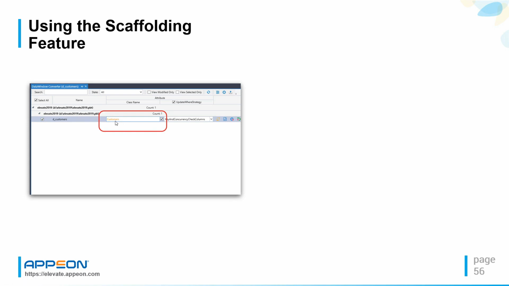What probably 95 to 99% of PowerBuilder developers do is, when I created a data window, I called it d_something. What this converter does by default is take whatever the data window name is and generate the POCO class with that same name. So if you remember, my POCO class was called d_customers.